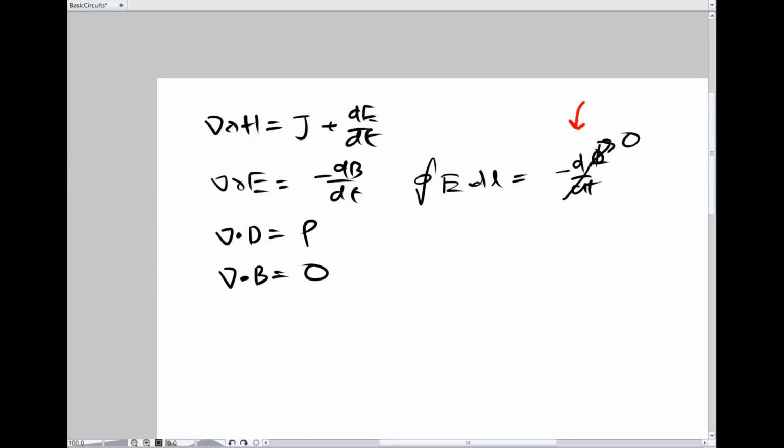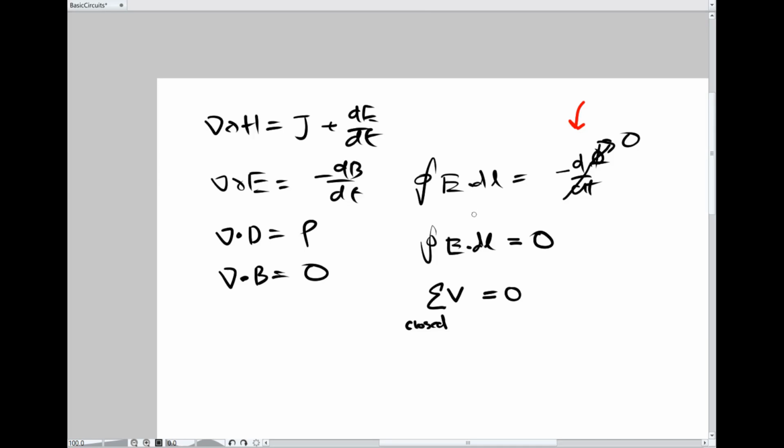So, but at least in DC, we know it's absolutely the case that the integral around the closed loop of E dot dl is equal to 0. And this is the same thing as saying the sum of all voltages around a closed loop is equal to 0, because voltage is a line integral.